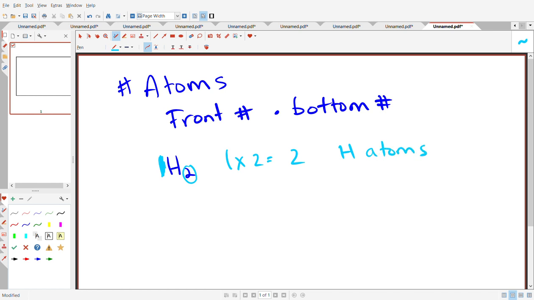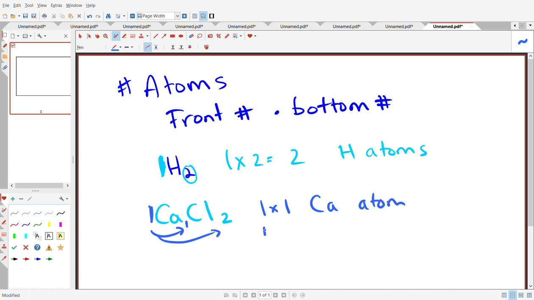So now let's just say I have CaCl2. Again, I'm going to put a 1 in front and a 1 over here just so I know. So we have 1 times 1 because it's front times bottom. So we have 1 Ca atom. And then we have 1 times 2, front times bottom, so 2 Cl atoms.